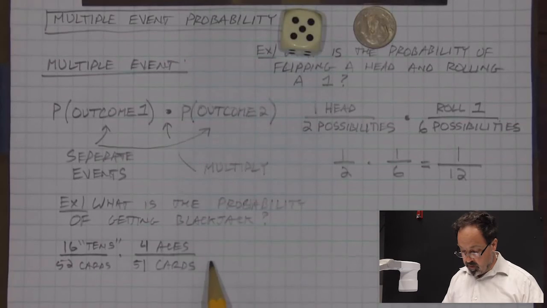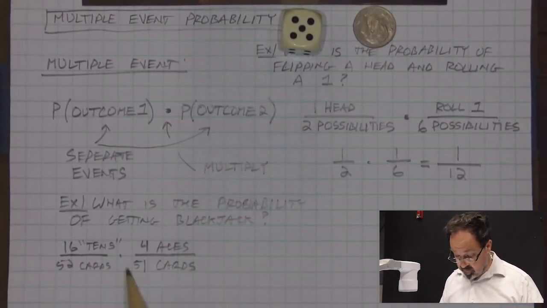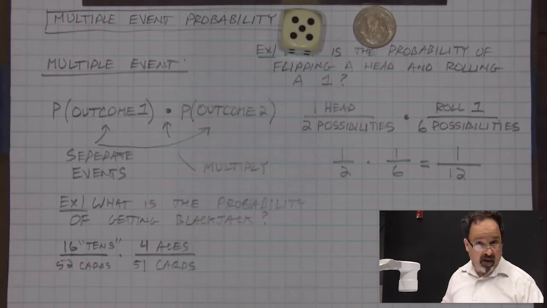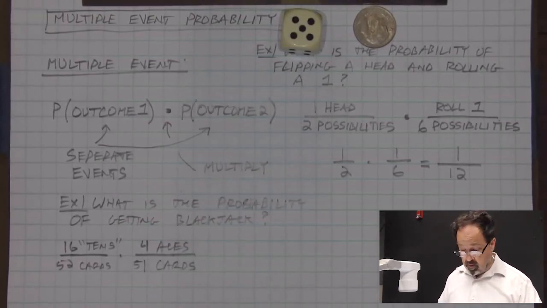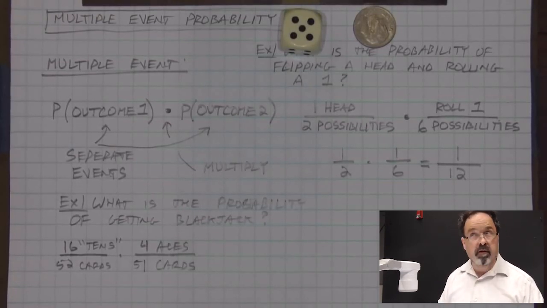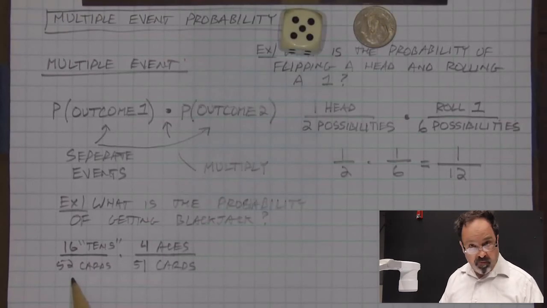So to calculate the probability of drawing something that's worth 10 and then drawing an ace that's worth 11 in the game, to get the highest score of 21, which will guarantee you a win, I believe, we multiply 16 over 52 and 4 over 51.